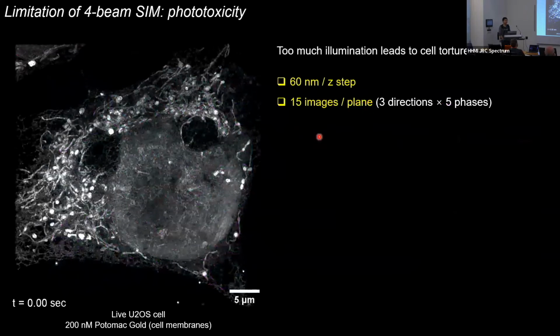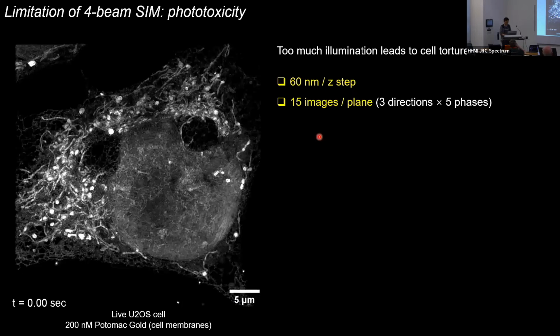So I have to say that despite these successes of the 4-beam SIM compared with wide field and 3D SIM, it's not perfect. One important reason is that the volumetric time-lapse imaging with 4-beam SIM is quite challenging.